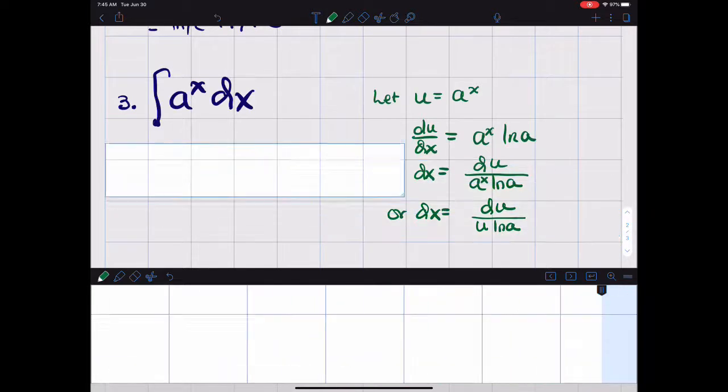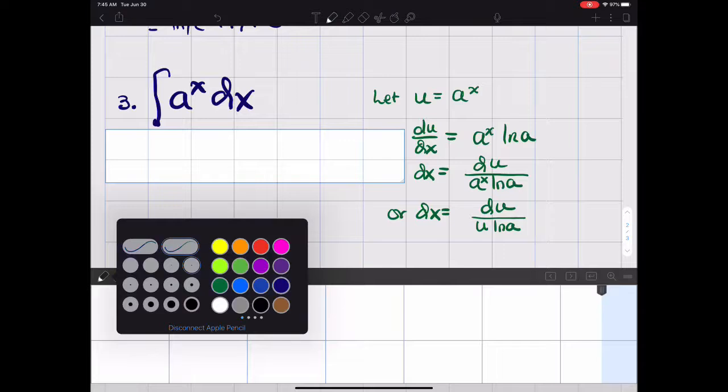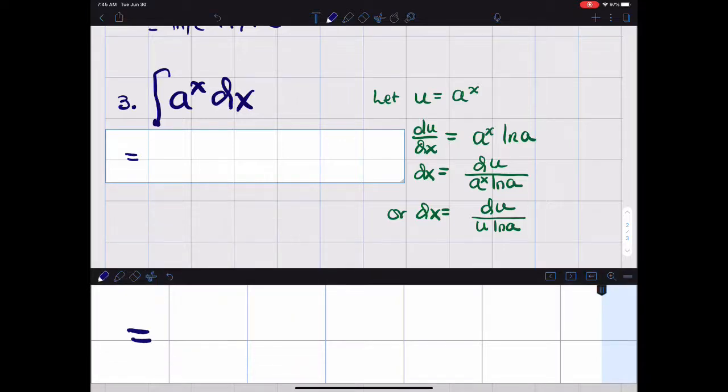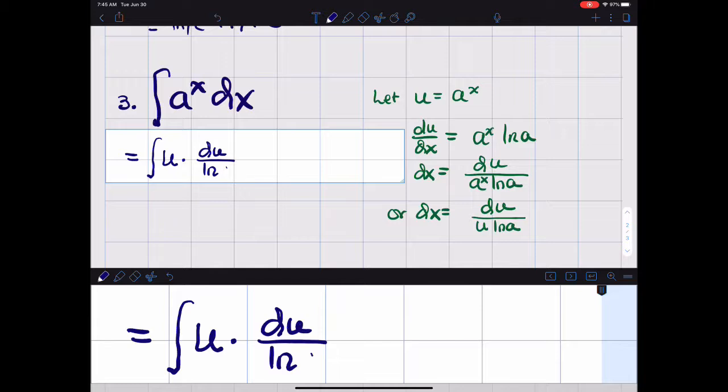Let's see, how does that work in our integral? So this becomes integral u du natural log of a. See that? And then we have the u here, u natural log of a.